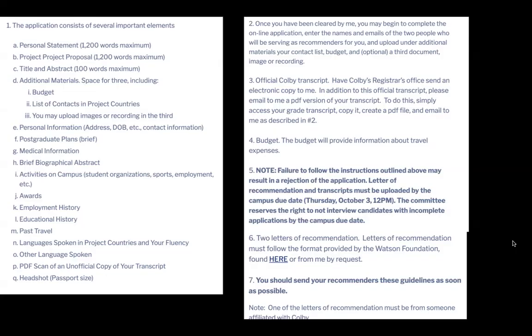The contacts, start collecting them. By the time you submit your application, on October the 3rd, you don't need to have contacted everybody on your contact list, but you should at least start finding possible contacts.